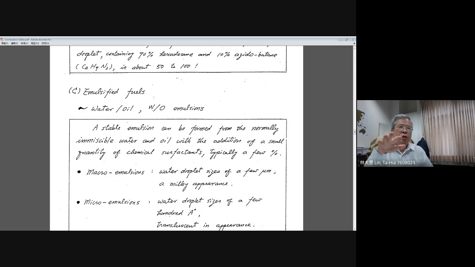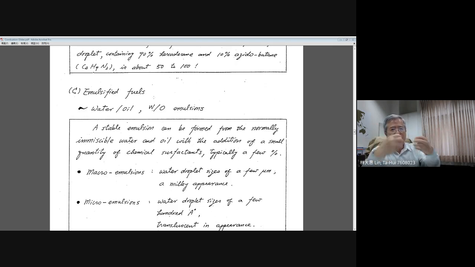Thermal NO actually comes from the temperature. If the temperature of your combustion chamber is higher than 2000 K, then the nitrogen from the air, which is usually quite stable without participating in the combustion, just absorbs heat. But when the temperature is too high, the chemical bond of the nitrogen will be broken.